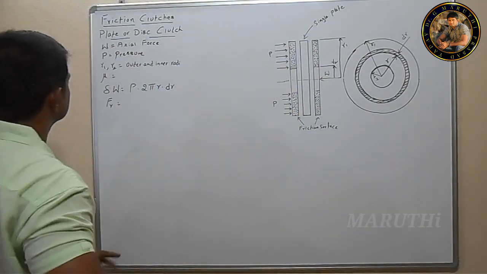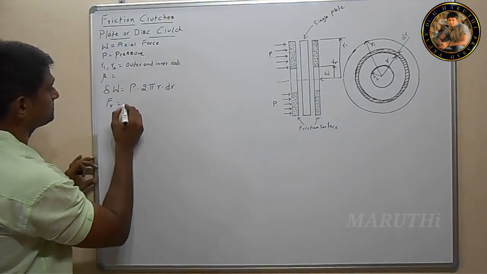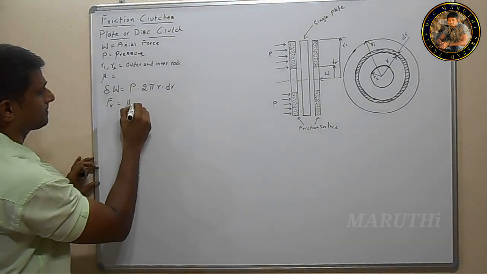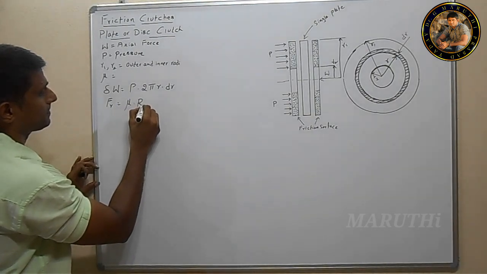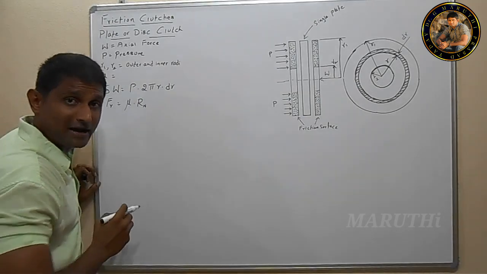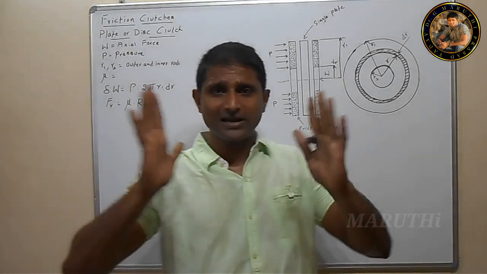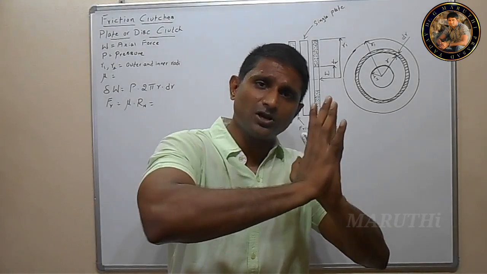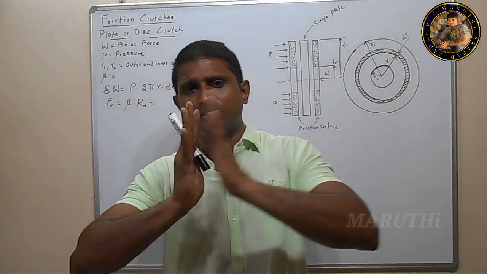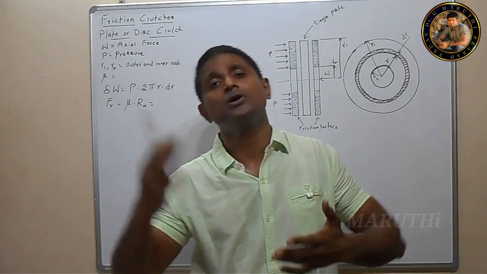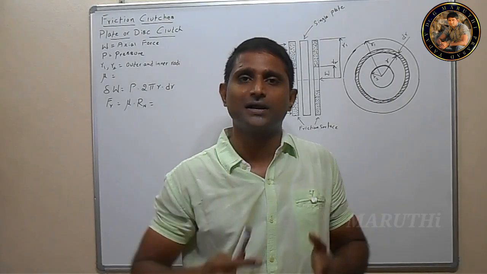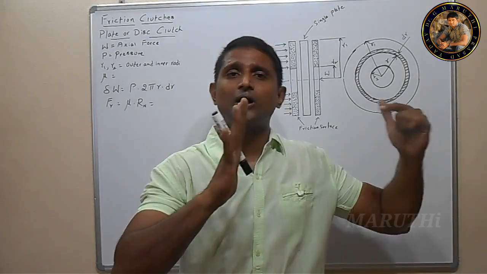So friction force is equal to mu into Rn. As I said, when a W force is developed here, a normal reaction is developed in the opposite direction, equal to the applied force under equilibrium condition. Therefore, W equals Rn.